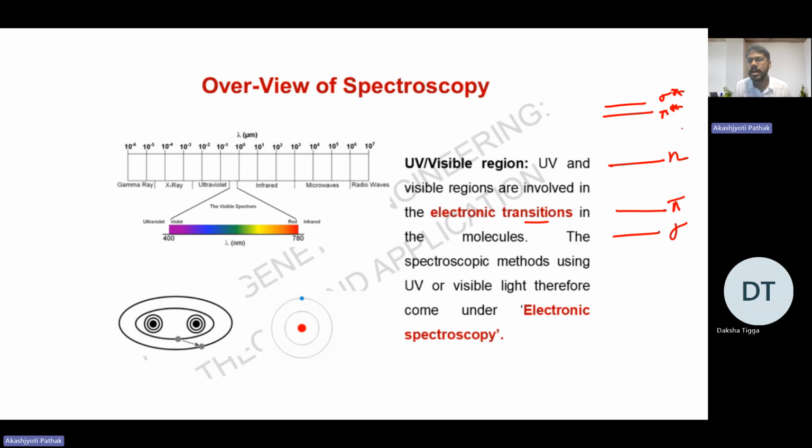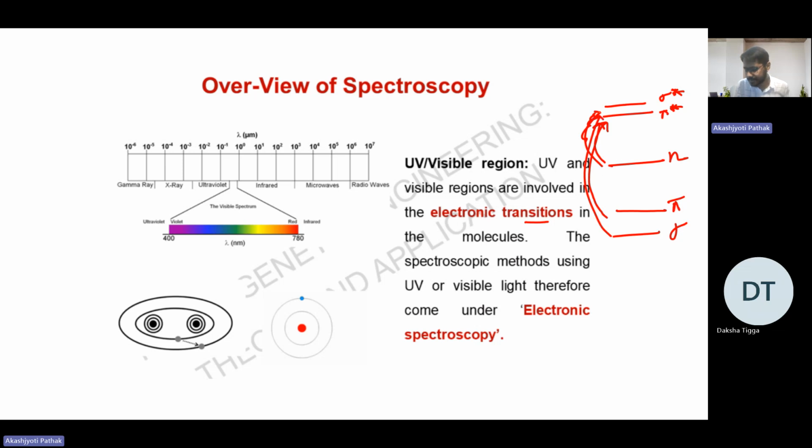When you apply an energy which falls in the UV visible region, then the molecule can transition from n to pi star. Depending on the energy, it can move to pi to pi star, or pi to sigma star, or sigma to sigma star.